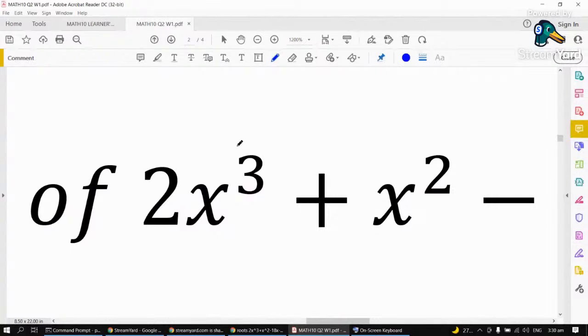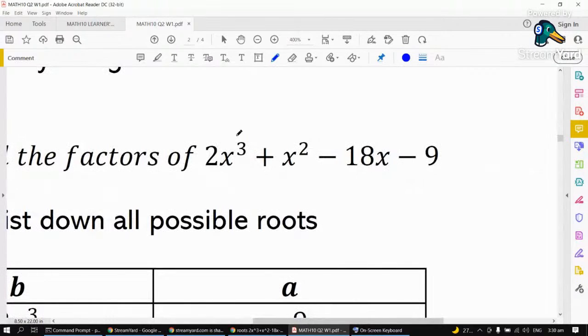So ibig sabihin, yun yung pinaka-dominant, no?